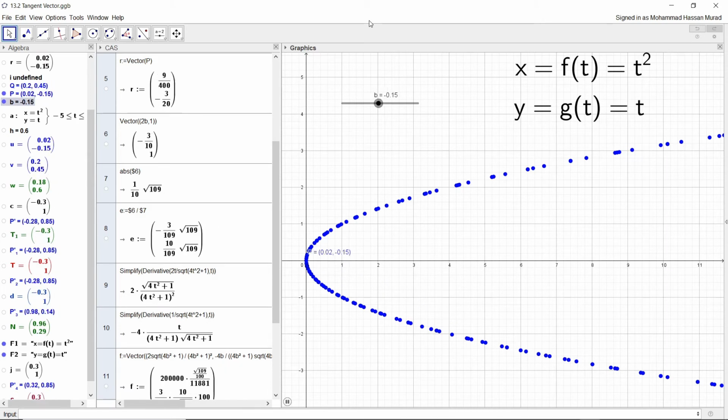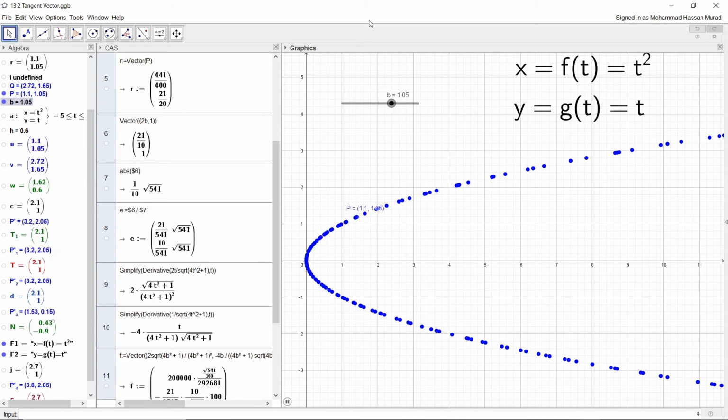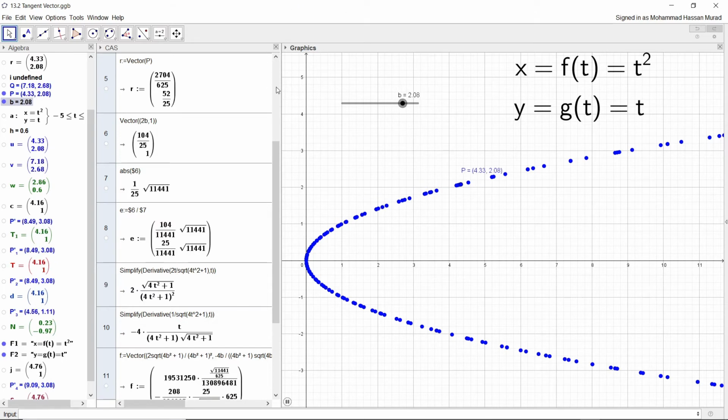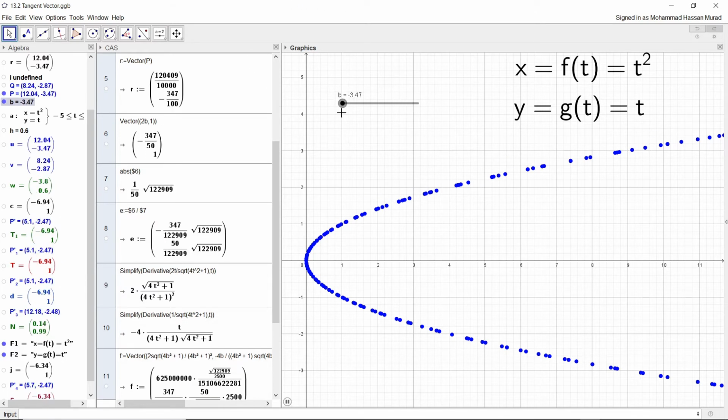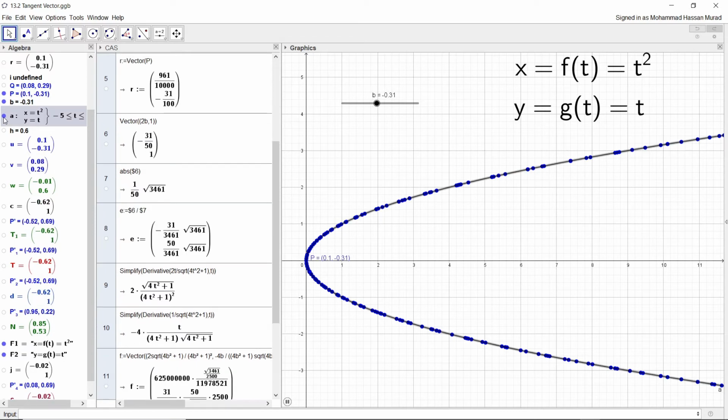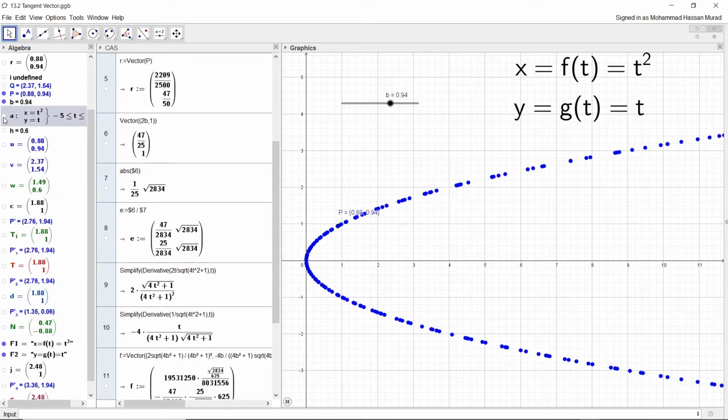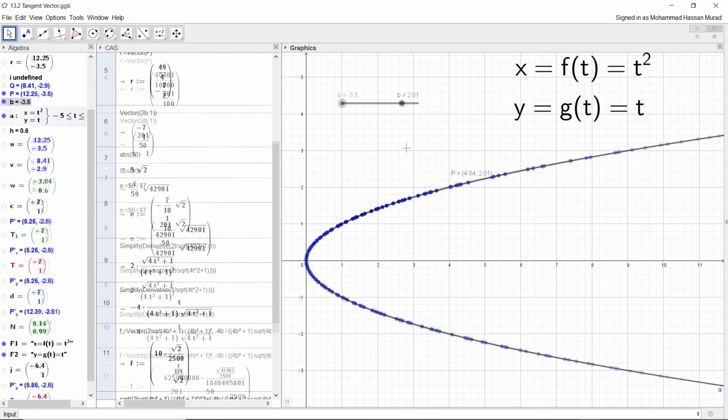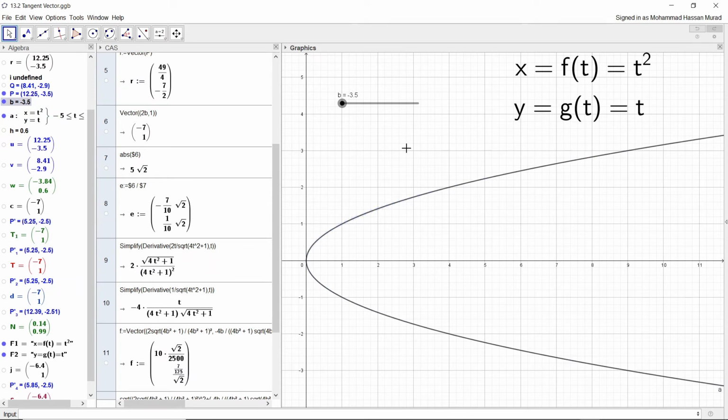Now, if we connect all these points, we get a curve as shown here.